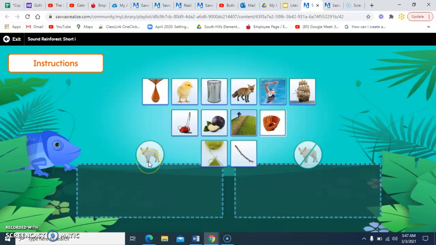So we have our pig, and the middle sound has the short I sound. So if we have drip, where would it go? Got it?